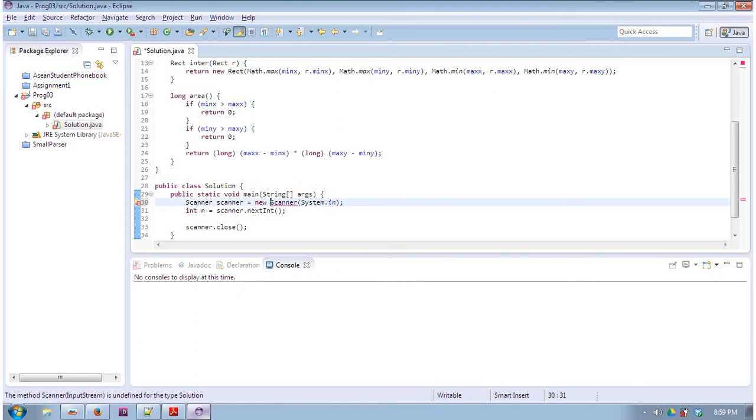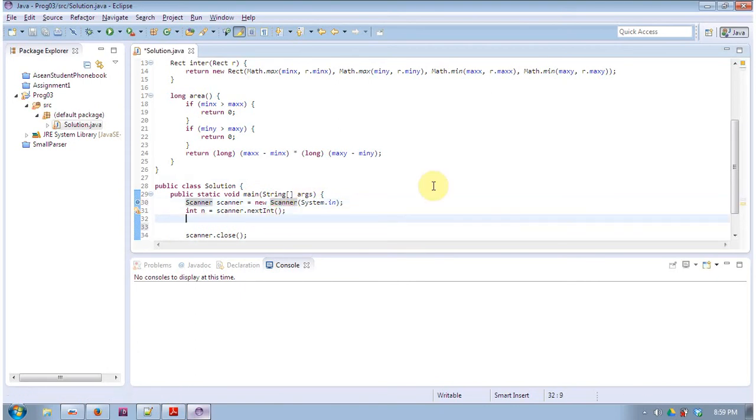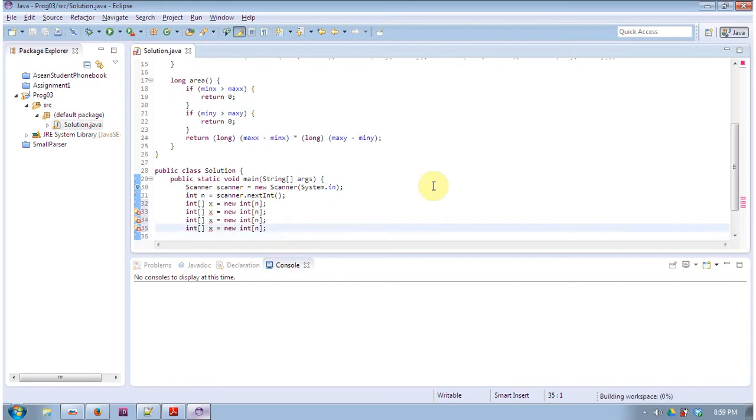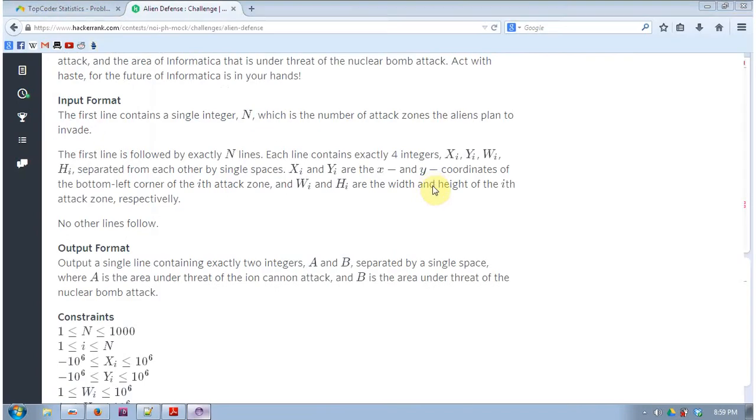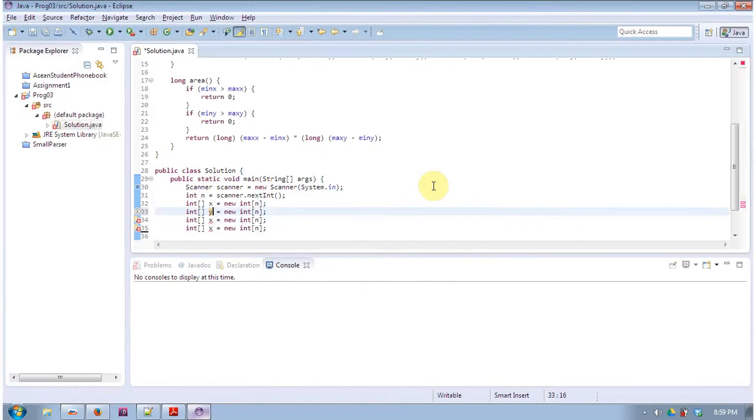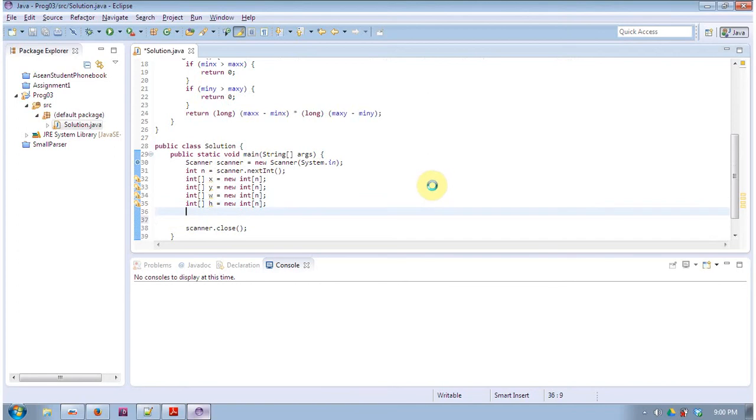We define int x as new int of size n. We define four arrays, so I guess it should be x, y, w, h. Then we get the four values for n values.